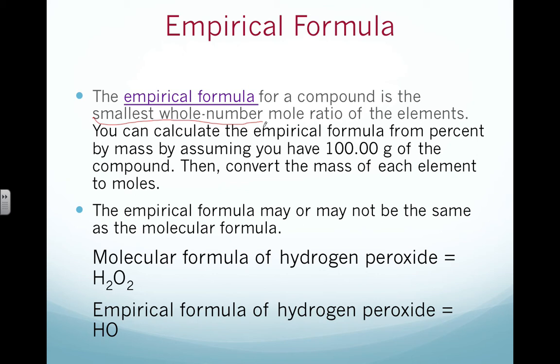Now, notice I put at the top here, you can calculate the empirical formula from the percent mass, and you can assume you have 100 grams of a compound. I'm going to show you an example of this using Educreations, so don't worry if it seems a little confusing right now.